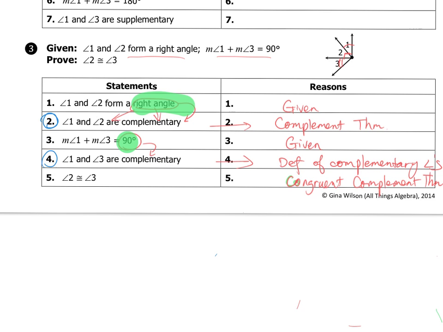And then in step 4 we prove that angle 1 is also complementary to angle 3. So it almost works like a substitution or a transitive property. Then we can draw the conclusion that angle 2 and angle 3 are congruent, and this is by the congruent complements theorem, because that's what that theorem states.